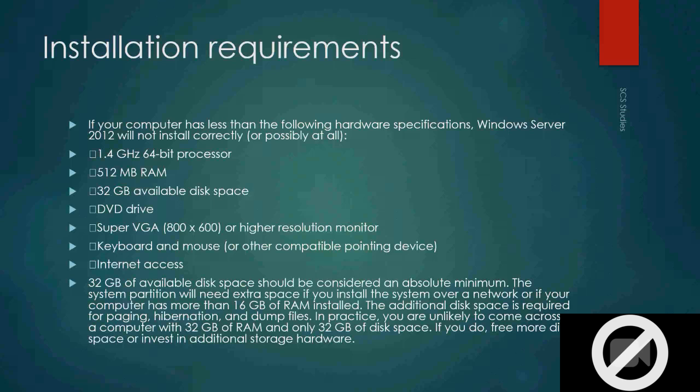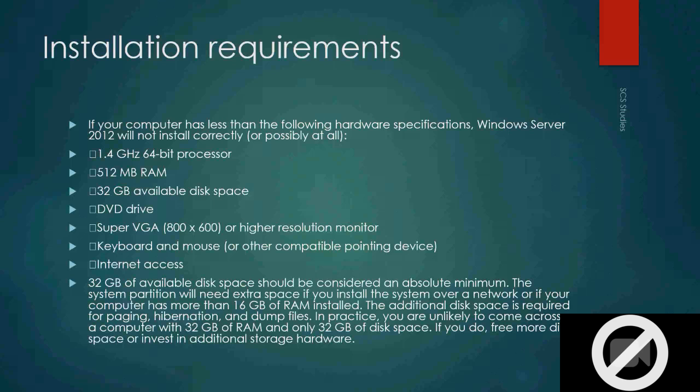The system partition will need extra space if you install the system over a network, or if your computer has more than 16 GB of RAM installed. The additional disk space is required for paging, hibernating, and dump files. What is paging, what is hibernating, and what is a dump file? We will understand later when we do our practical session.